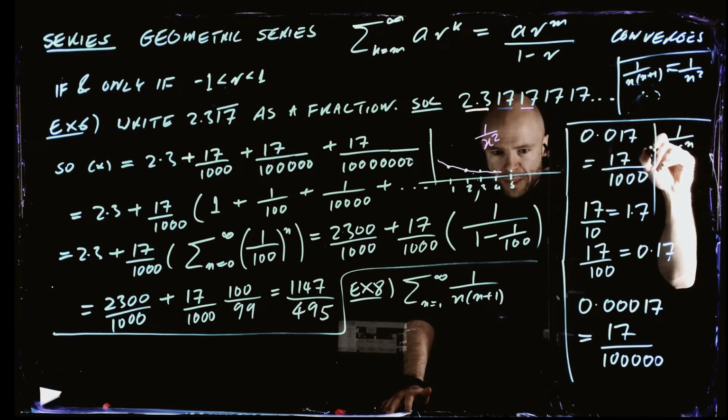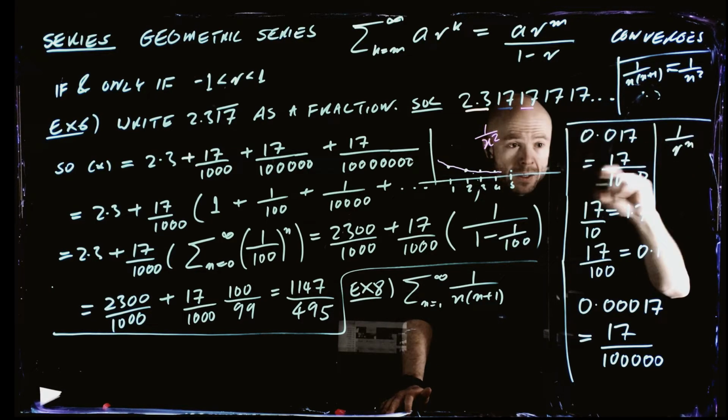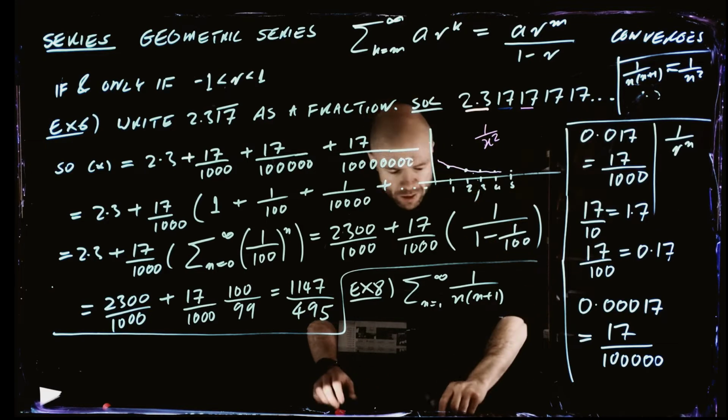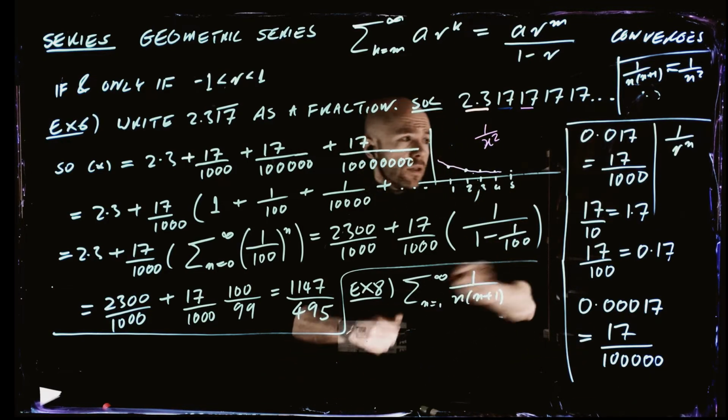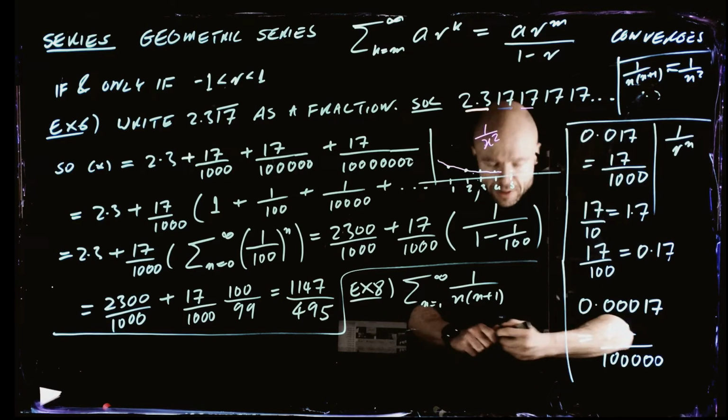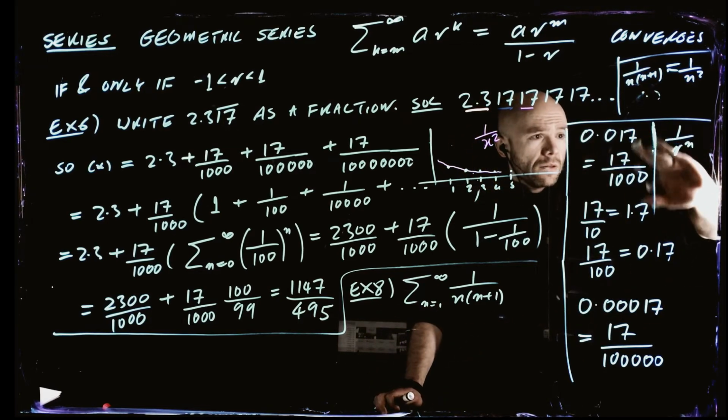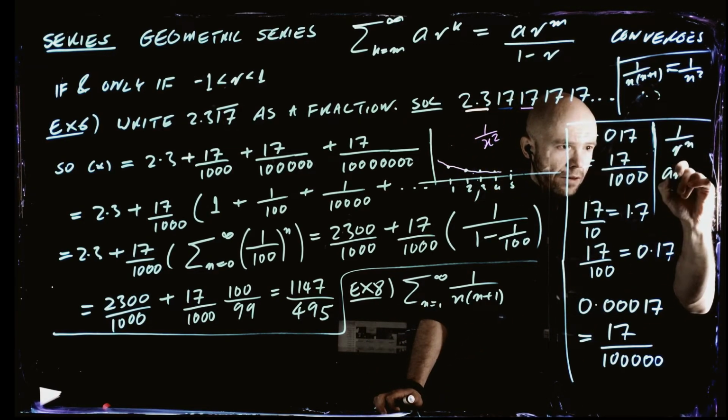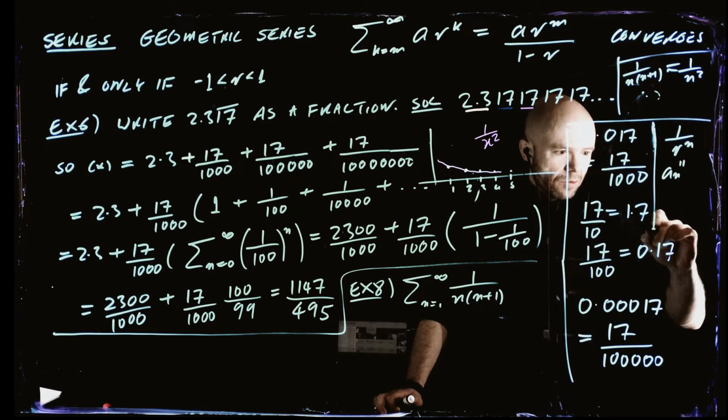Whereas if we consider something like 1 over, say, any number, but let's just choose r to the n, like this, yeah? Then what's the function that recovers this? So if this is a_n here, put it here, this a_n is equal to this, then what function recovers this?